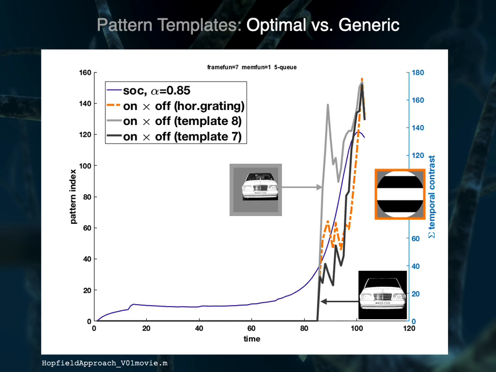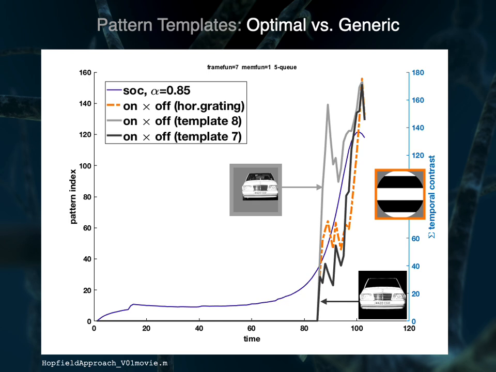Okay, the orange curve corresponds to our default pattern, which is the striped disk. The dark gray curve corresponds to the car image, which was centered across the image frame. And finally, the light gray curve is just the car without centering it properly. So as it seems, centering has a huge effect.